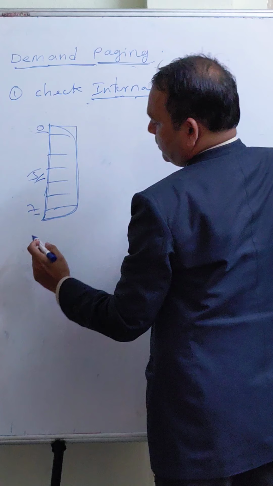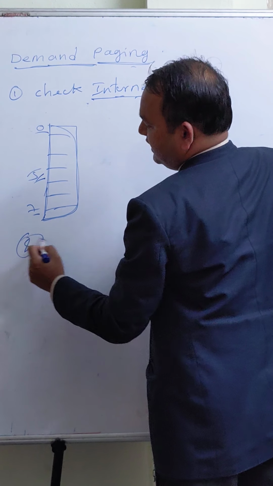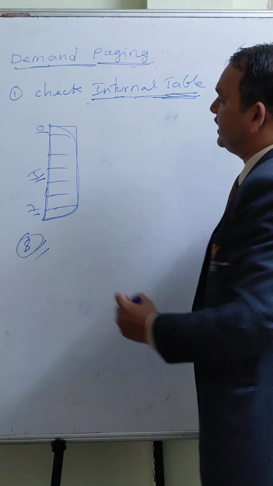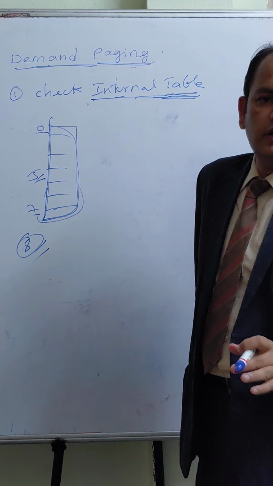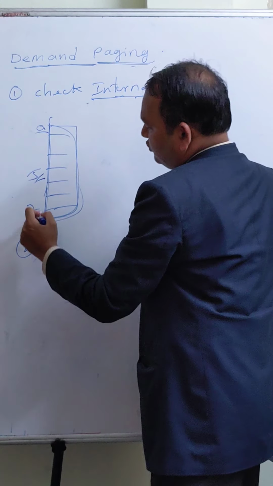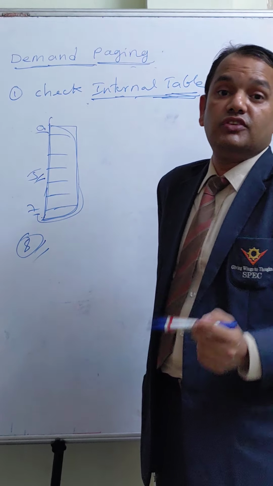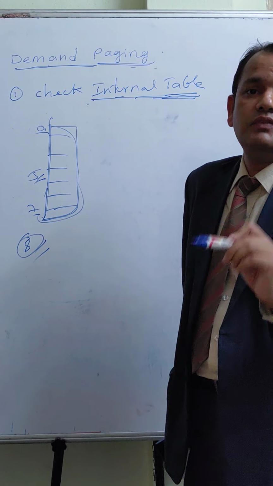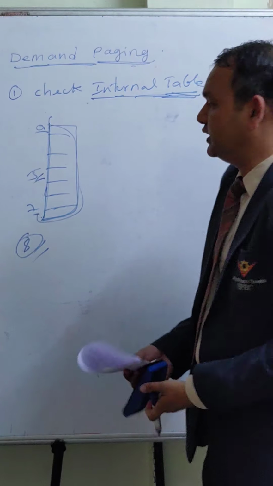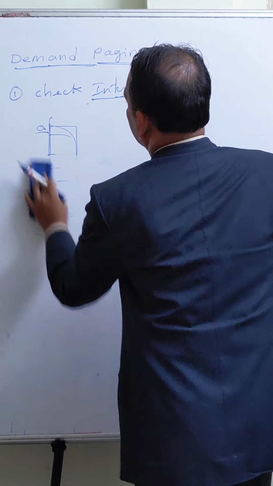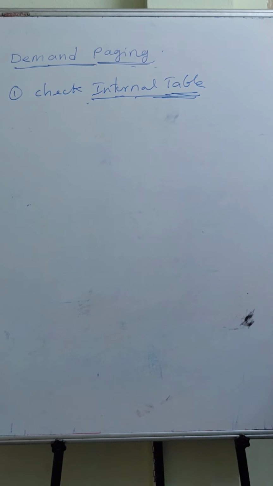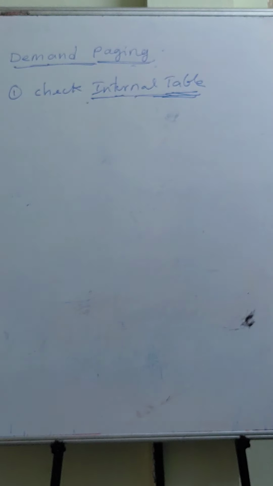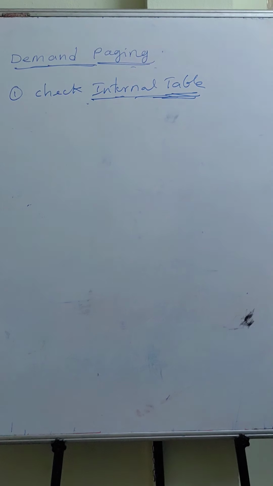Suppose the process wants page 8, page 8 is not in its range, which is only 0 to 7, then you can discard it. But if it is in 0 to 7 and it is invalid, then we have to bring that particular page into the main memory. This is the first point, my dear friends. Check internal table. Second, if the reference is invalid, terminate the process.